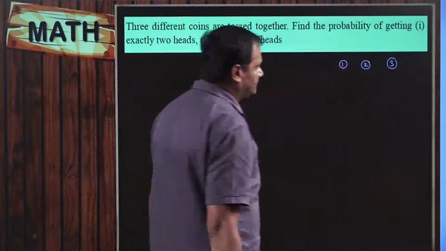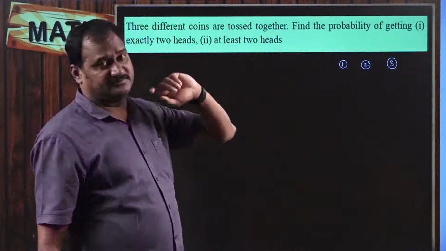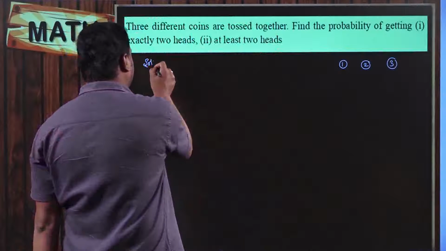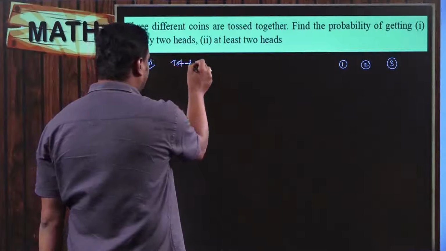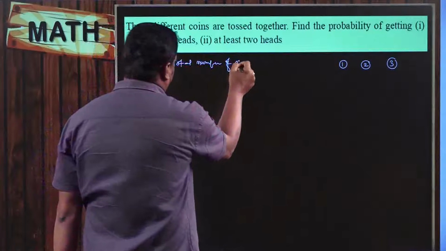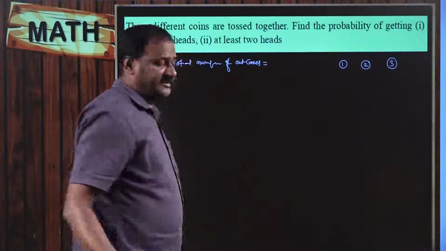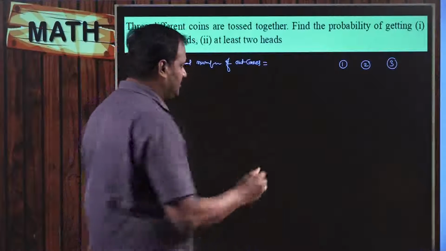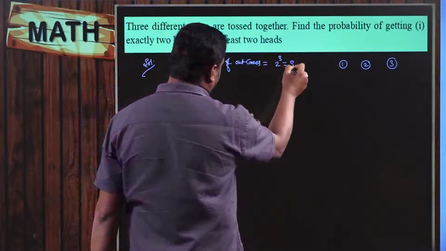In order to find the outcomes, first of all, what is the total number of outcomes? Total number of outcomes is equal to, we already discussed this, a coin has 2 possible outcomes. 2 power the number of coins, which is 3, so 2 power 3 is equal to 8.